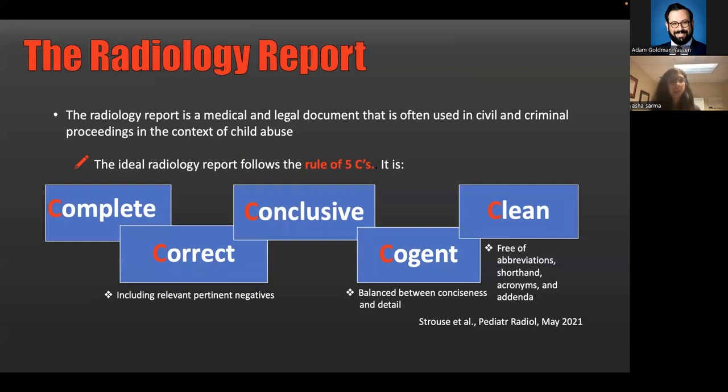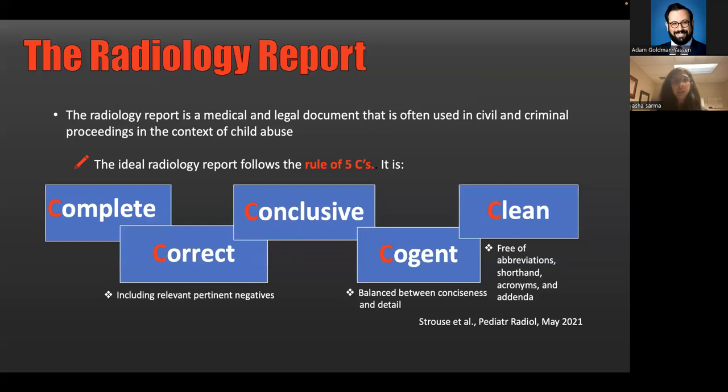Dr. Strauss and colleagues put out an article in 2021 describing ideal radiology reporting in child abuse. The ideal radiology report, according to them, follows the rules of 5 C's. I find that helpful. It's complete. It's correct. It includes relevant, pertinent negatives. For example, our child abuse pediatricians here, when we interpret skeletal surveys, like us to mention the bone mineralization as a relevant, pertinent negative on all of the patients.